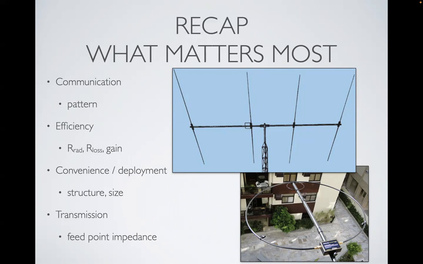And then we have to think about how convenient it is to deploy this antenna. That can be a real factor in how you decide what you want to do. And then there's the transmission part, which is the feed point impedance, not the radiation resistance. This is how you make your transmitter a happy camper.